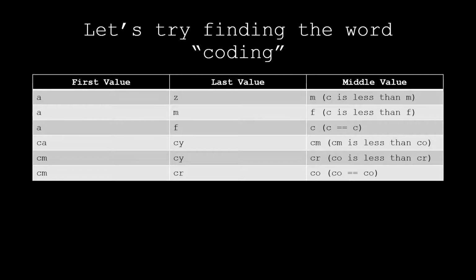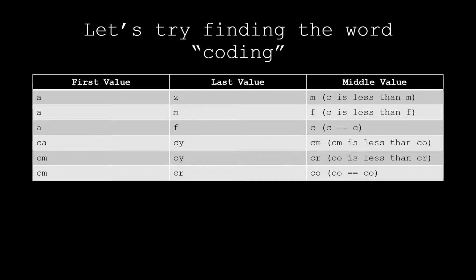Then you can continue with the next couple of letters, saying CA is the first value, CY is the last value, CM is the middle value, CM is less than CO. So you know it's in between CM and CY, and you don't need to care about CA to CM. Then CM is the first value, CY is the last value, and CR is the middle value.